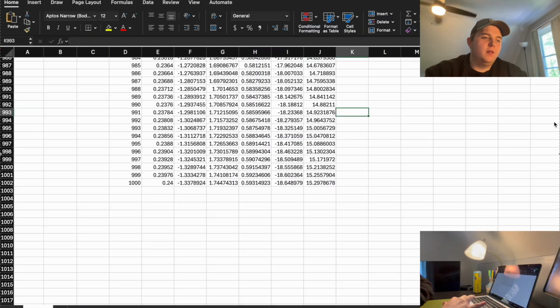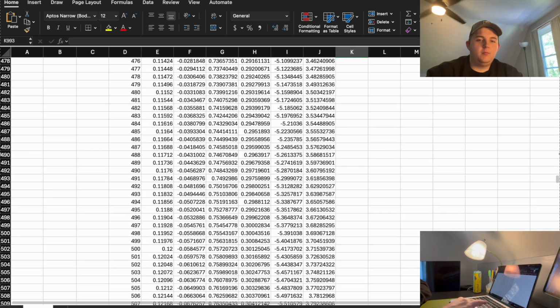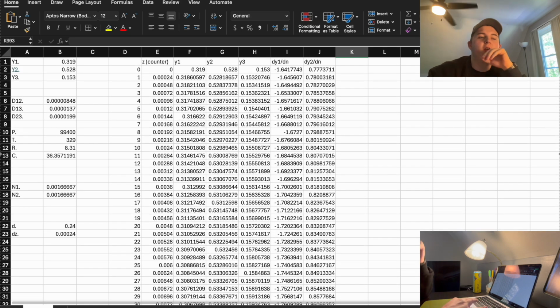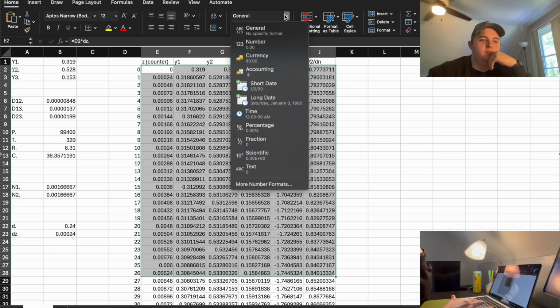Okay, I'm back again. I did get it. I did figure it out. It wasn't my issue, it was an Excel issue. I don't know what happened, but I just highlighted all these cells and then changed them from general to a number, but with less significant figures, and then I changed it back to general, and then it worked.